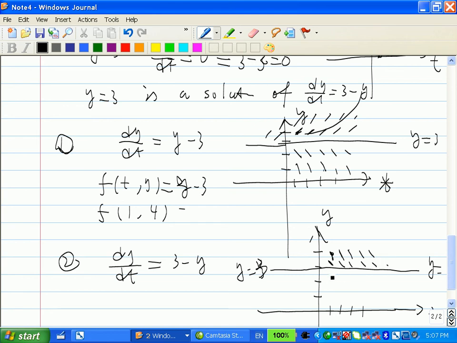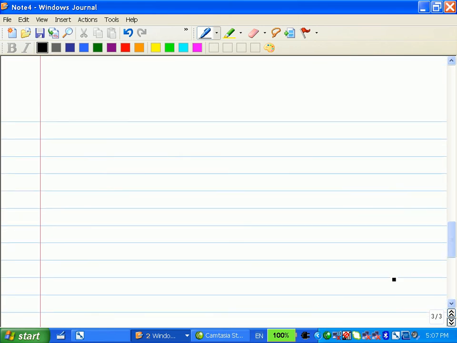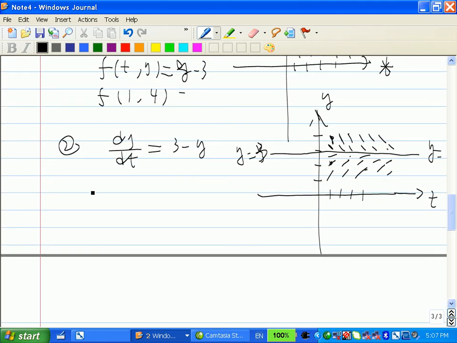Here your y is less than 3, so you get positive, and a smaller positive as you approach. So you can see your solutions converge to the curve y equal to 3. Therefore, the answer for this problem is dy/dt equal to 3 minus y. This is just one solution. You can have many.